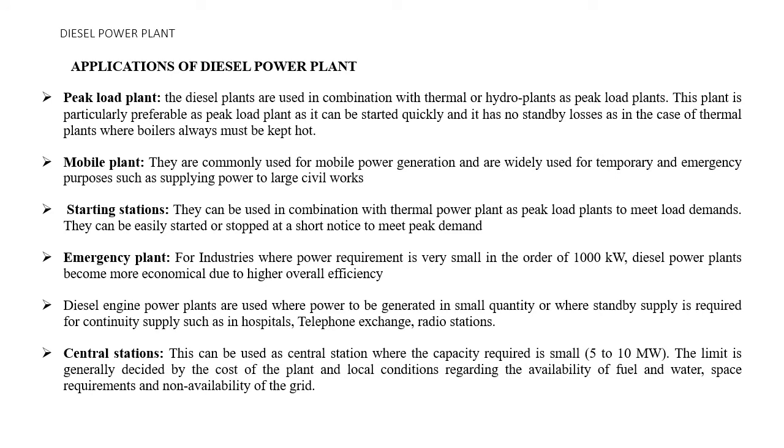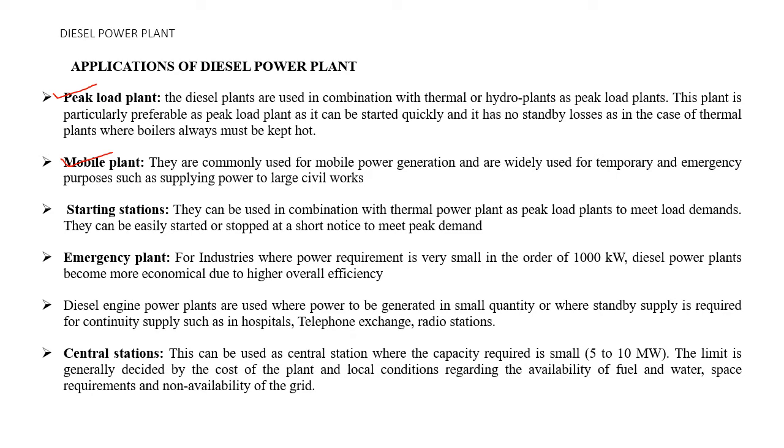Applications of diesel power plant. Diesel power plants are used in peak load plants, like in hydro plants when the demand is more. To support the hydroelectric plant we use diesel power plant, and it is used as a mobile plant. They are commonly used for mobile power generation and are widely used for temporary and emergency purpose, such as supplying power to the large civil works.